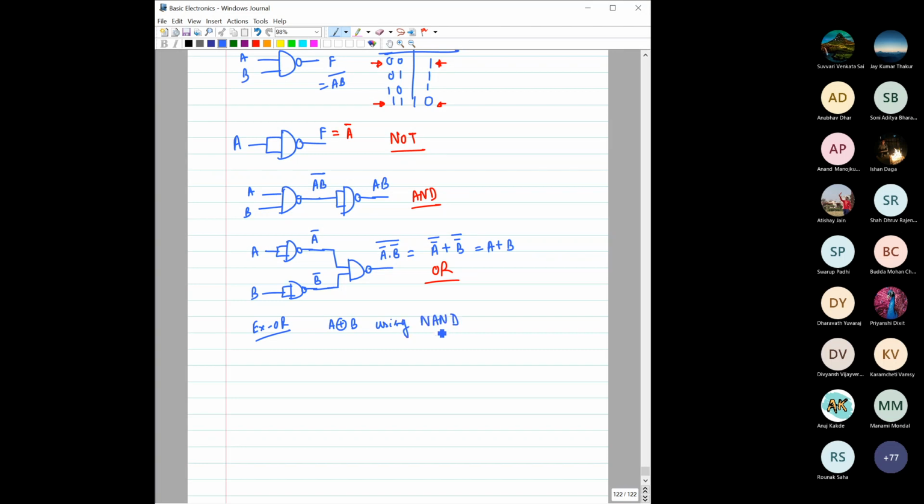Only NAND gate. Yeah. Can you please do it? So it stands for this: A XOR B is A bar B plus A B bar. This is the expression, right?